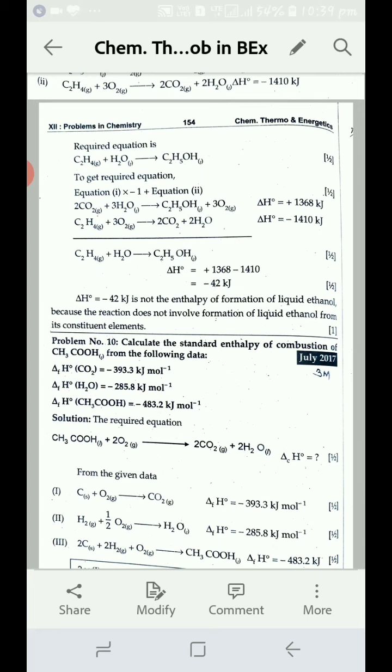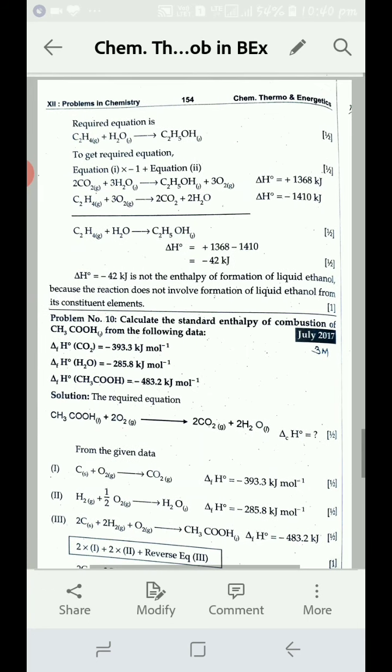So you require CH3COOH on the left side, meaning the reactant side. So multiply equation 3 by minus 1. Then O2 to the left hand side, so multiply equation 1 by 2 and equation 2 also by 2, but you have to add them.